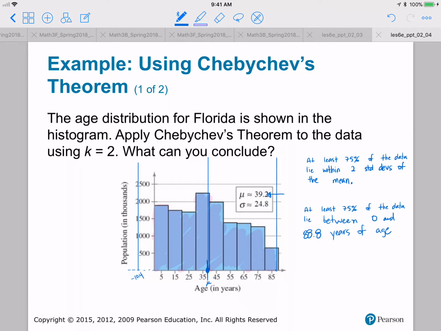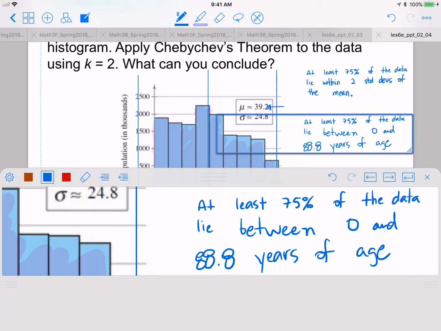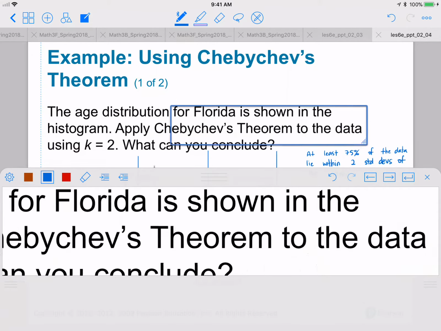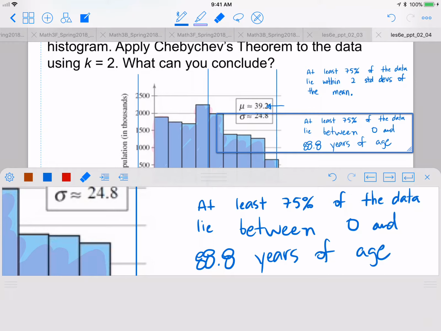And now, what does the data represent? That's one more thing that we can clarify. We're saying at least 75% of the data. What is this data? Age distribution for Florida. So 75% of the people in Florida are between 0 and 88.8 years of age.